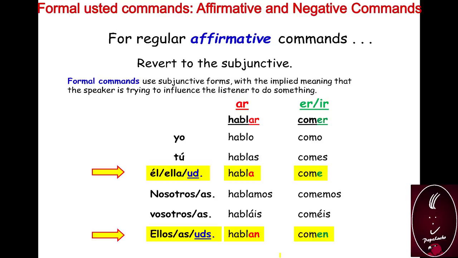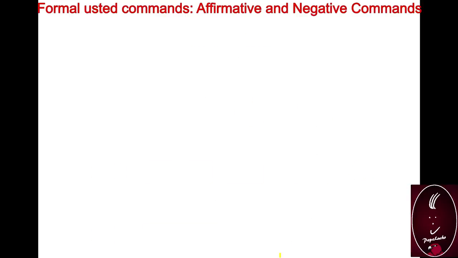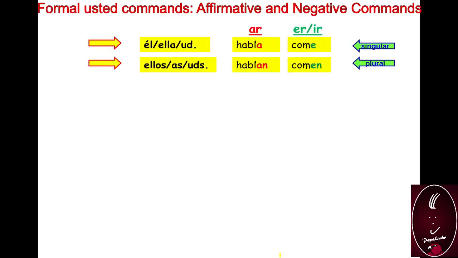We're going to have singular for the usted conjugation and plural for the ustedes conjugation. So let's use those conjugations to have some singular usted commands and plural ustedes commands.